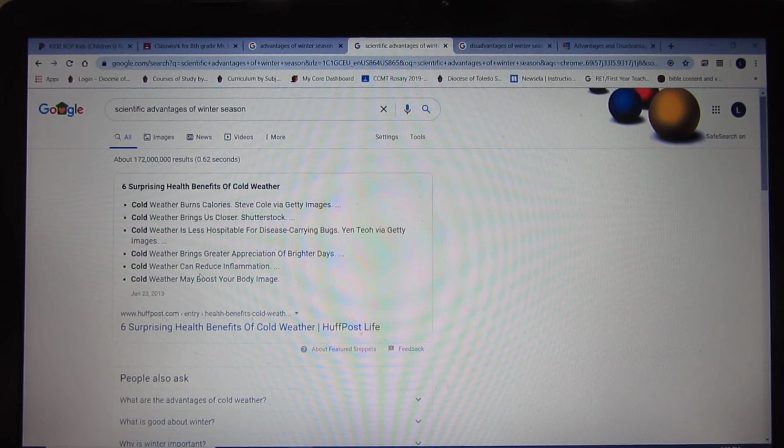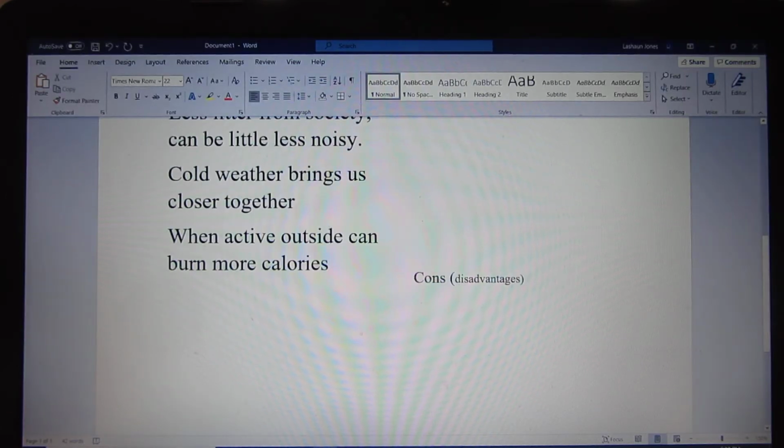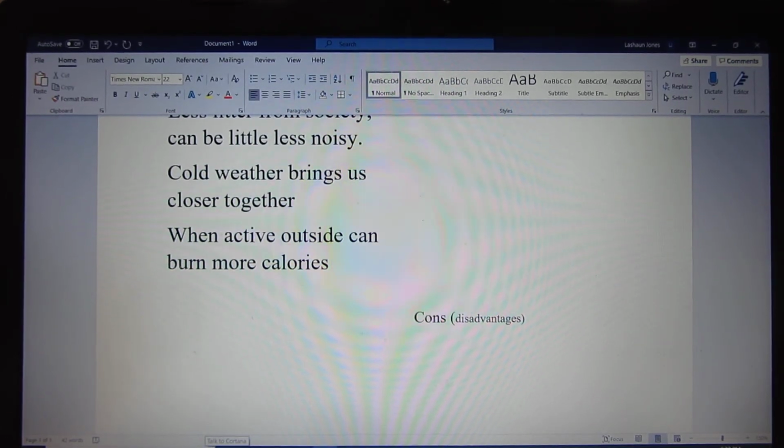It says cold weather can reduce inflammation. I'm not sure if you can see that. I'll highlight it. Cold weather can reduce inflammation. Again, not sure how.